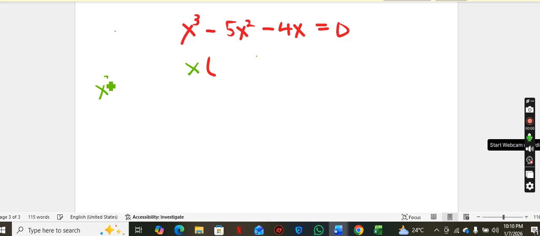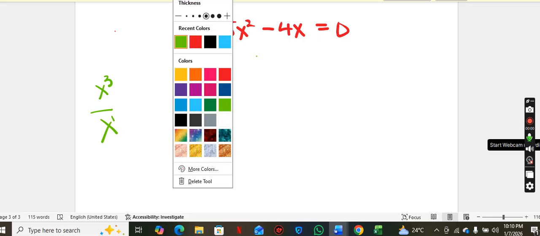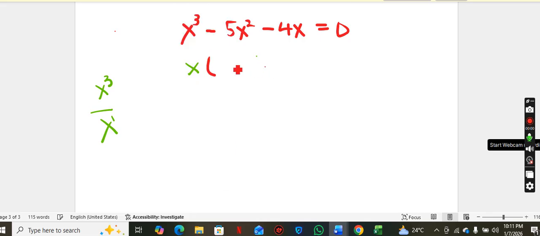For those who have forgotten indices, with indices you just subtract, so x squared. Wonderful. 5x squared divided by x is 5x, and 4x divided by x is 4.